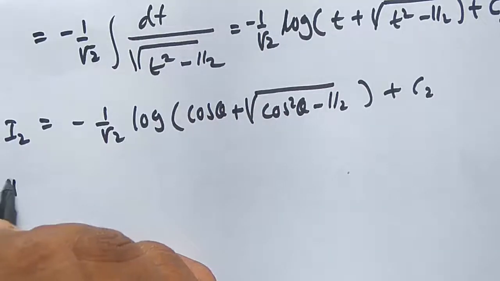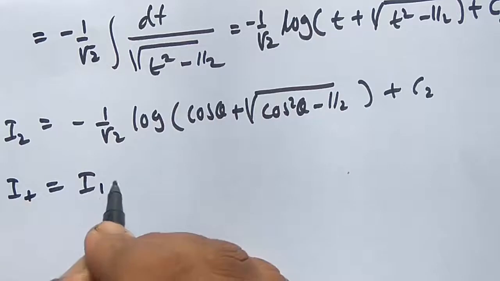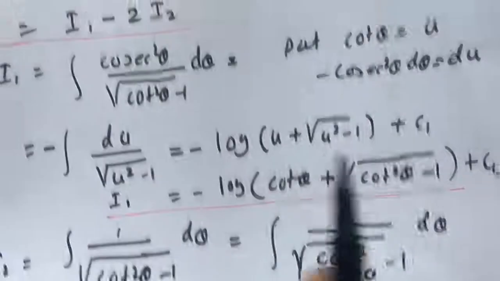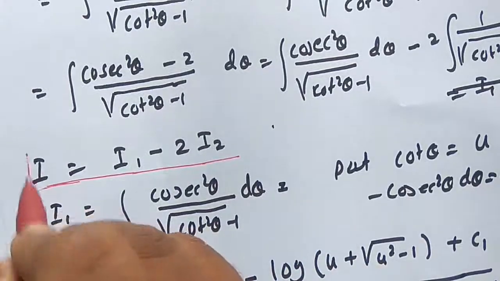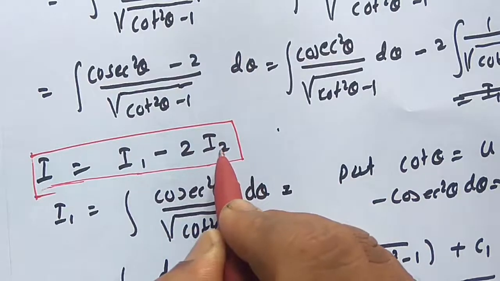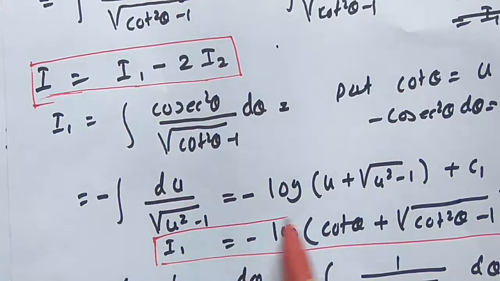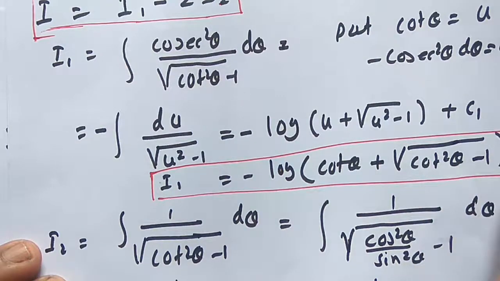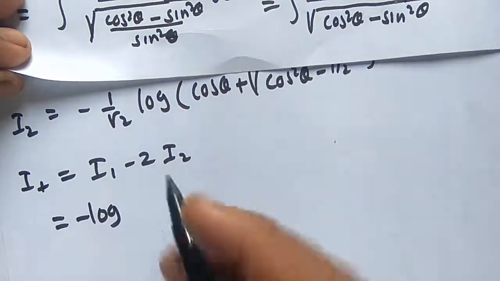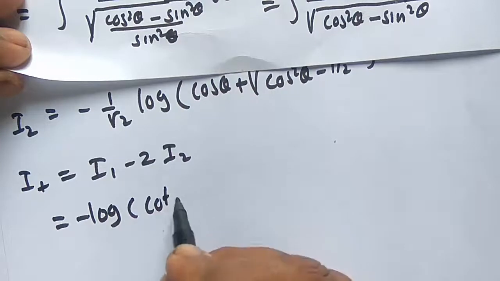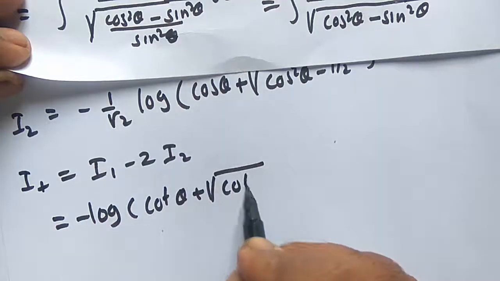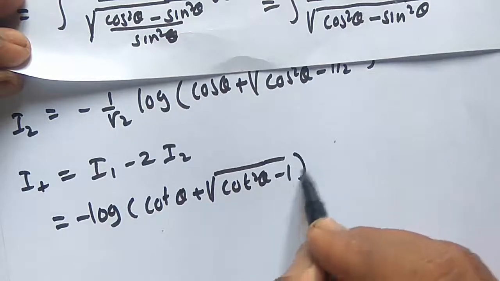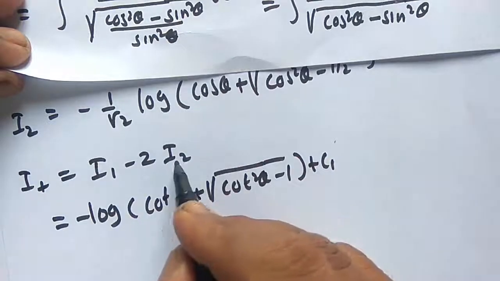Now I is equal to I1 minus 2 times I2, where I1 is minus log of cot theta plus under root of cot square theta minus 1 plus C1, and minus 2 times I2.